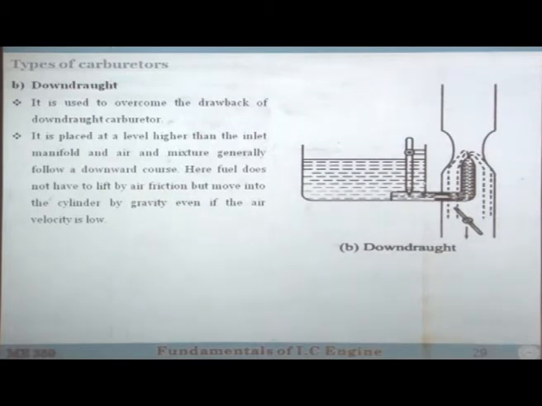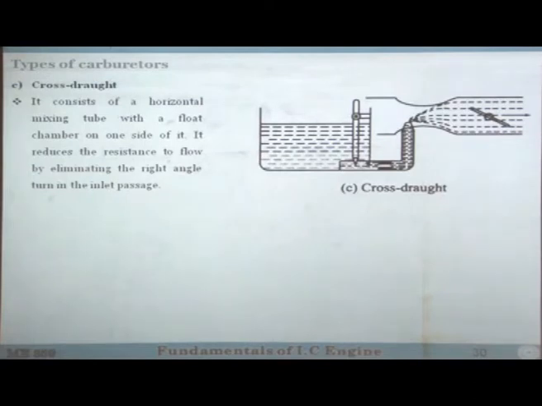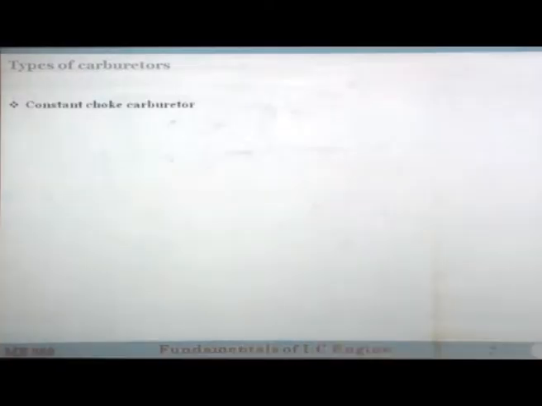This is the negative aspect of this. Cross draft. So, this is cross draft. So, air is coming in from this direction, fuel jet oozes like this, and then it goes in this direction. It consists of a horizontal mixing tube with a float chamber on one side of it. It reduces the resistance to flow by eliminating the right angle turn at the inlet passage.